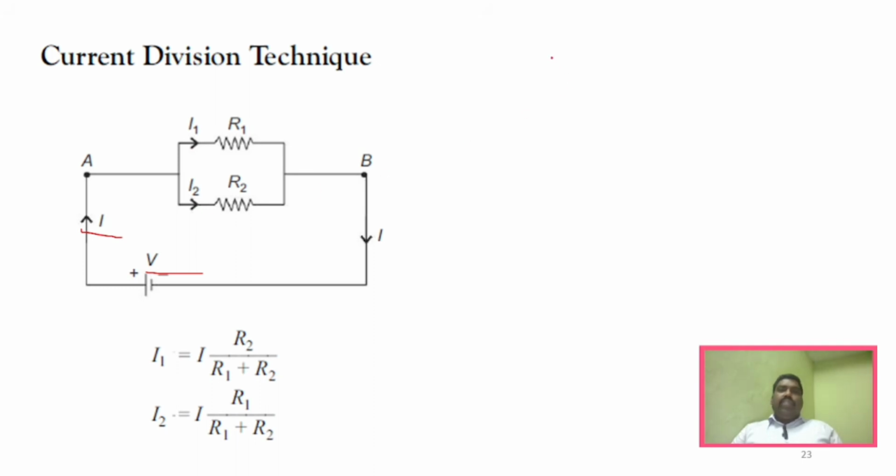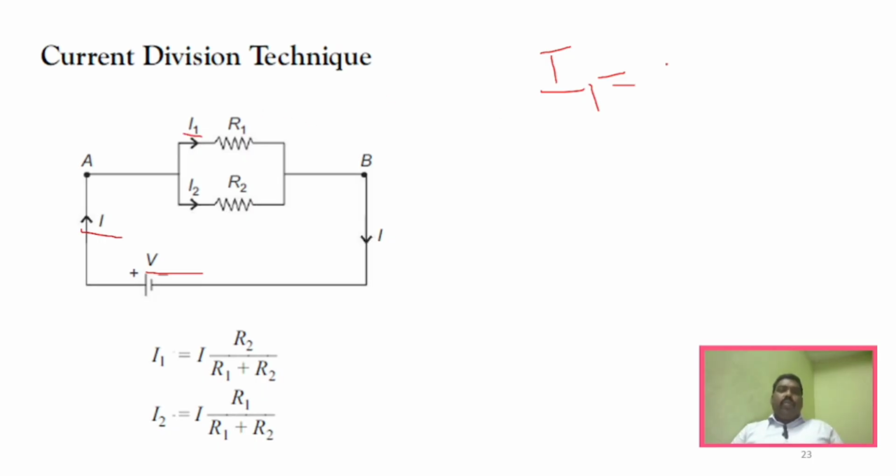Now the question is, we need to find out I1, right? How do we find it out? Understand one particular thing. For finding out the current in any particular branch, you have to multiply the overall current with the opposite resistance divided by the total resistance. So you see here, I need to find out I1.